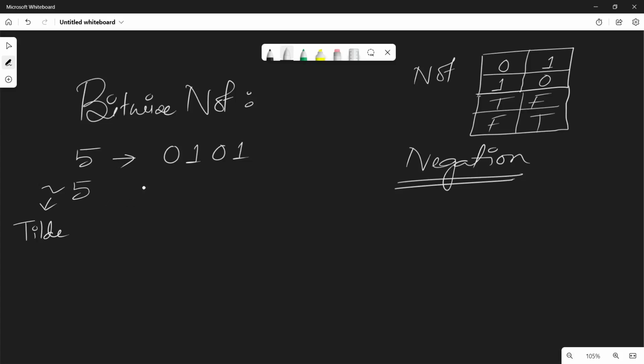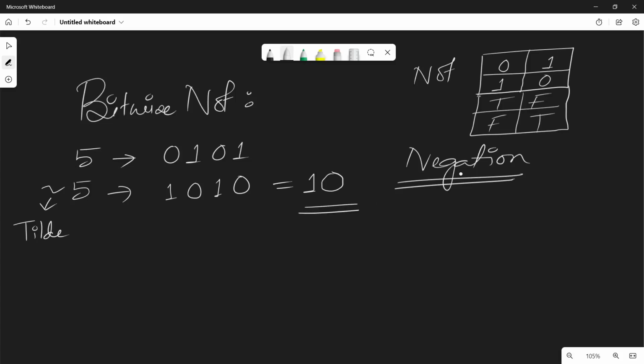As you can see here, 0 becomes 1 and 1 becomes 0. So this 0 will become 1, this 1 will become 0, this 0 will become 1, and this 1 will become 0. Based on that, the binary value is equivalent to the decimal value 10, right? So when we do NOT of 5, we should get the answer as 10.